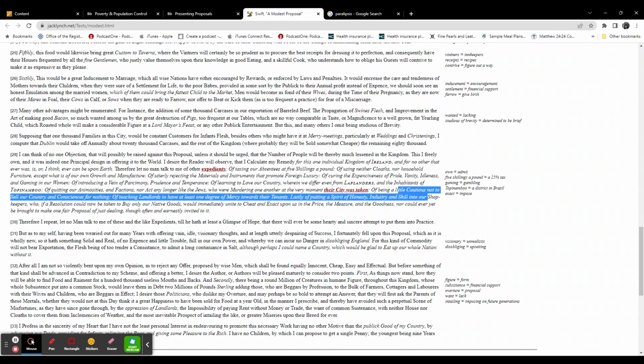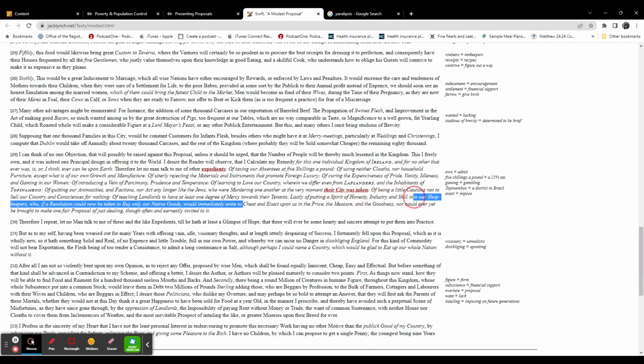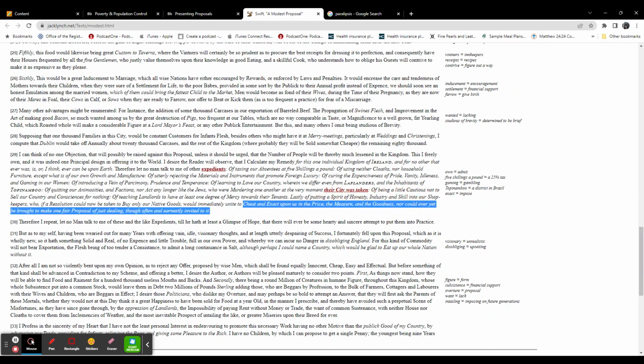So again, if you take all of this parallipsis here and convert it into declarative statements, it is saying what we need to do going forward. Teaching landlords to have at least one degree of mercy towards their tenants, putting a spirit of honesty, industry, skill into our shopkeepers, and don't cheat, don't exact upon the price, measure goodness, be fair, etc. Right.